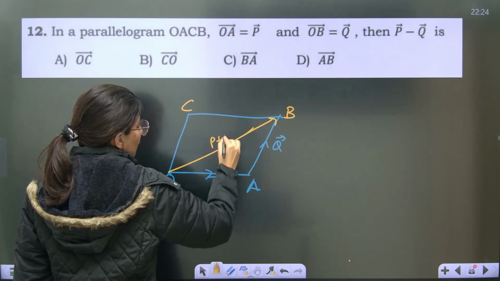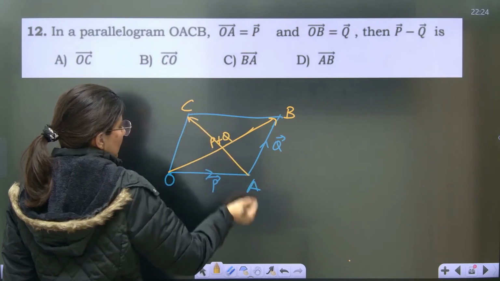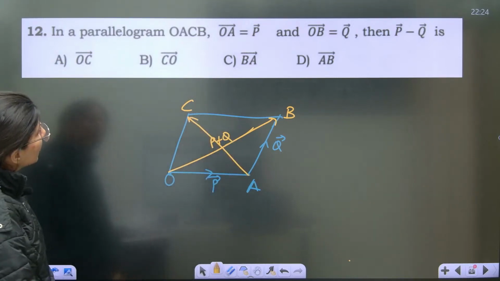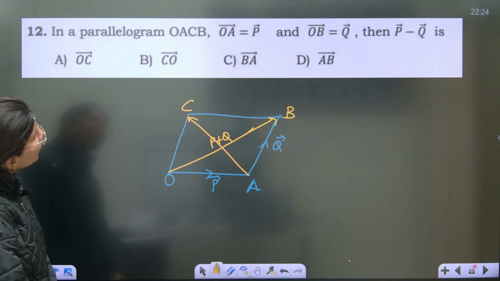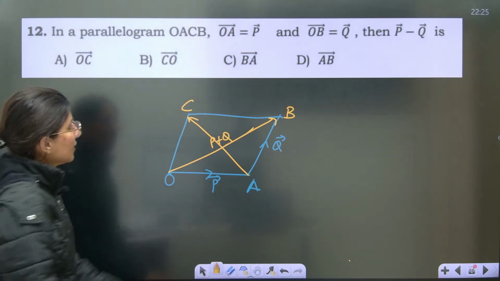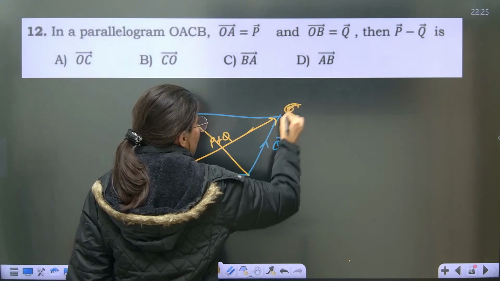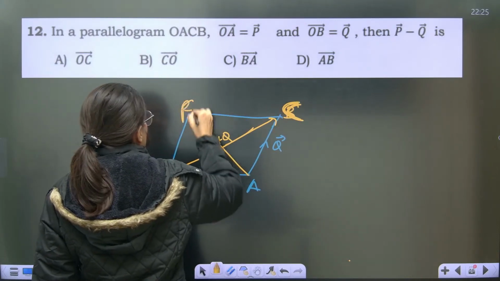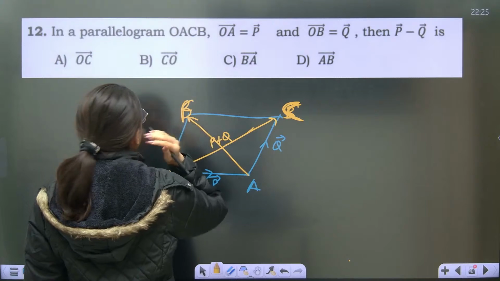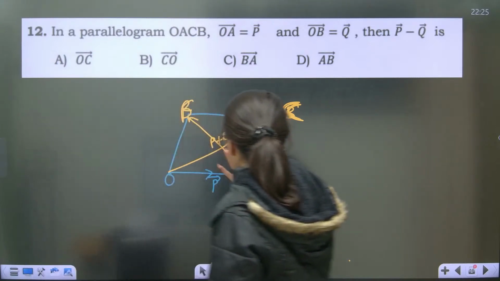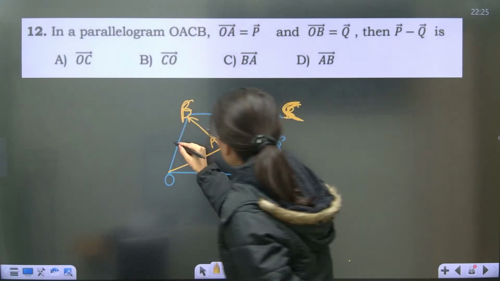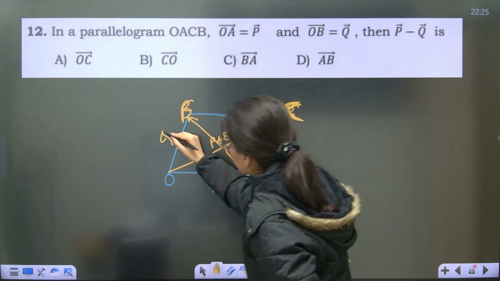P plus Q. And this diagonal AC will be P minus Q. So O, A, this is C as per the question. And this is B. So AB, now understand, this is your Q vector.